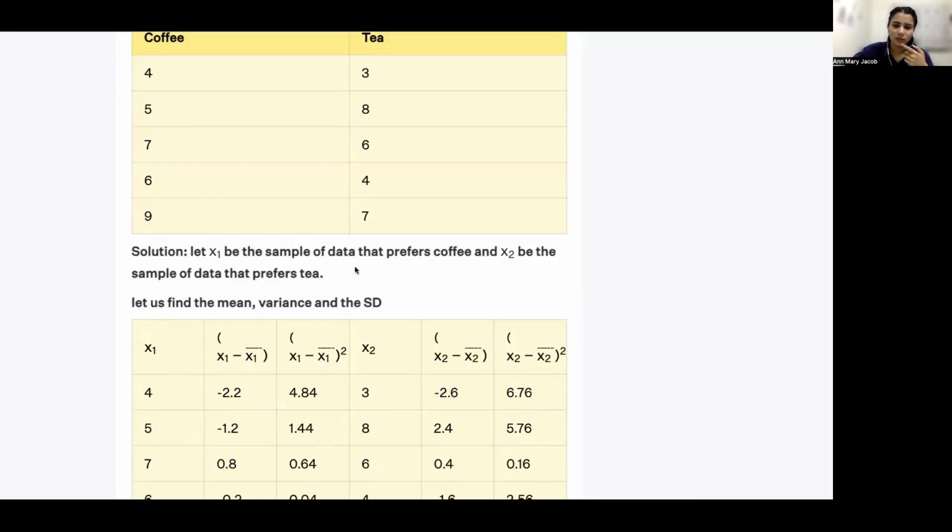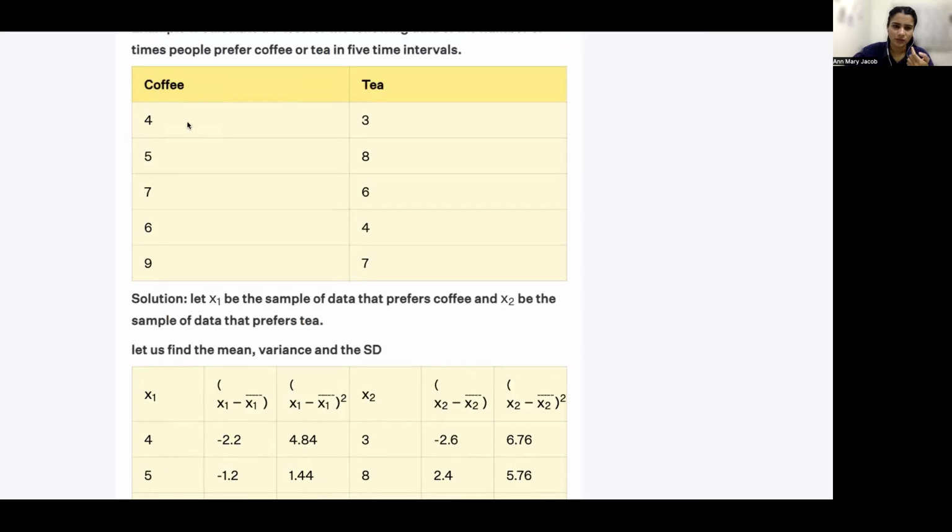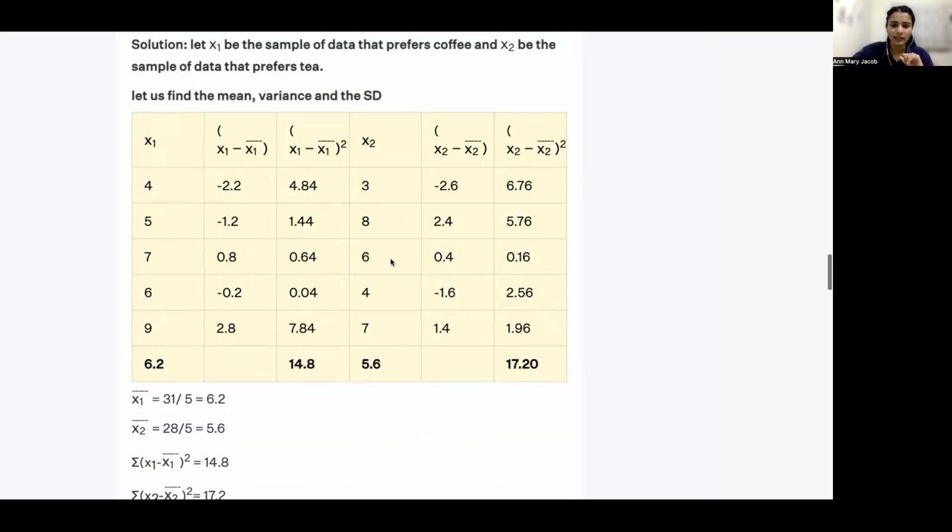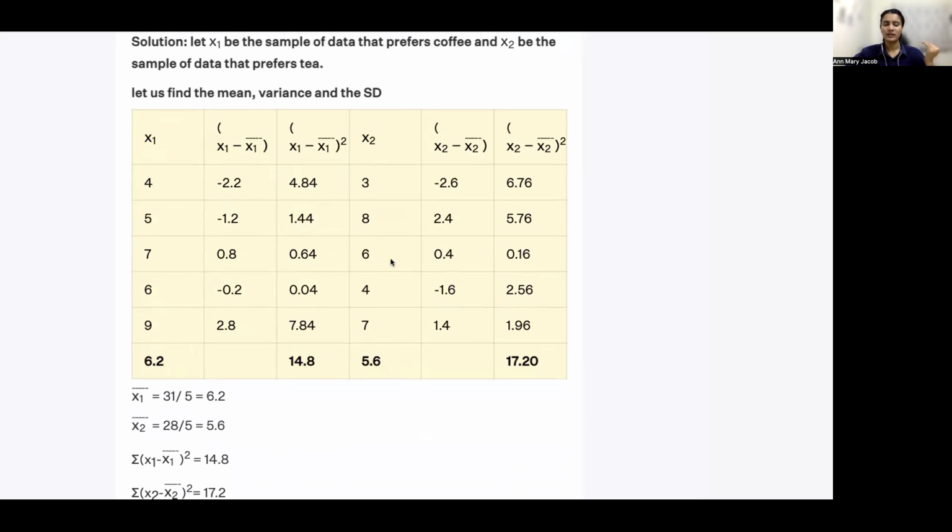Now, x1 is being used to denote coffee, and x2 is being used to denote tea. Your very first step: when you learned about measures of central tendency and measures of variability, I hope you became familiar with how to calculate mean, variance, and standard deviation.